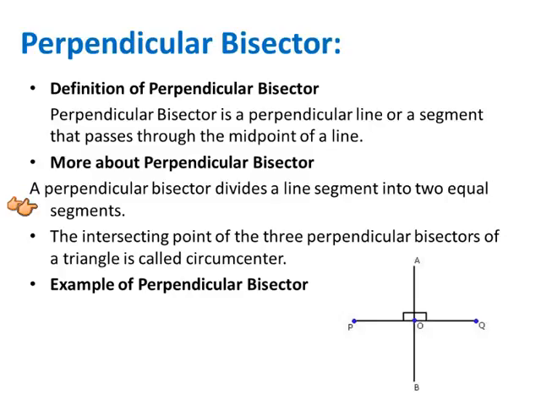So a perpendicular bisector divides a line segment into two equal segments and intersects it at a right angle. And that is what a perpendicular bisector is.